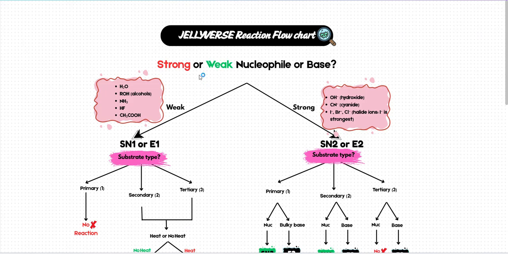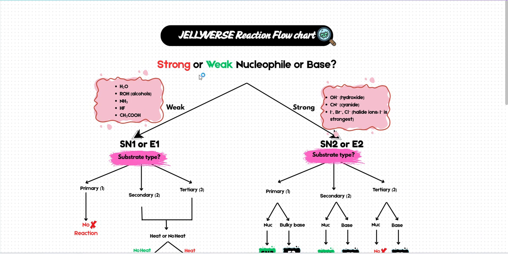Whenever you are having two steps, it depends only on the substrate, and rearrangement occurs. And for E2, because the step is also one, it depends on the substrate and the base, not the substrate and the nucleophile, but the substrate and the base. And no rearrangement occurs here for E2.